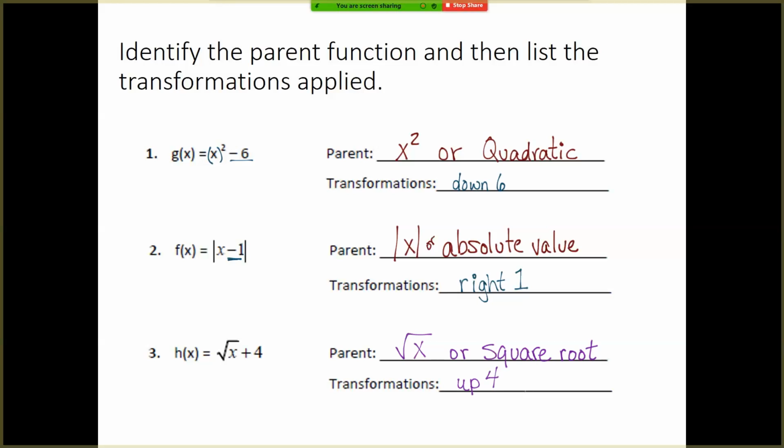Hopefully you decided that that parent function was the square root of x, or just the square root function. And your transformation, that plus 4 was not underneath the square root, so it's translating or shifting the parent function up by 4 units.